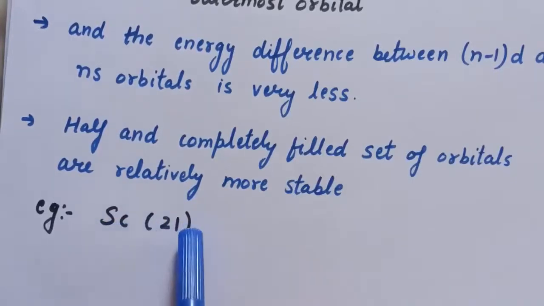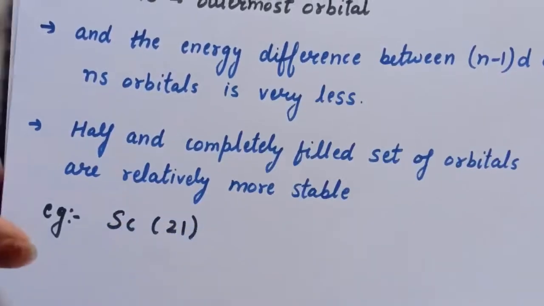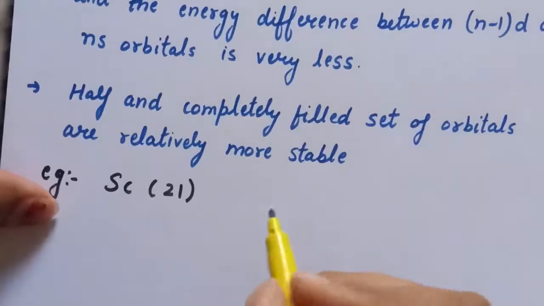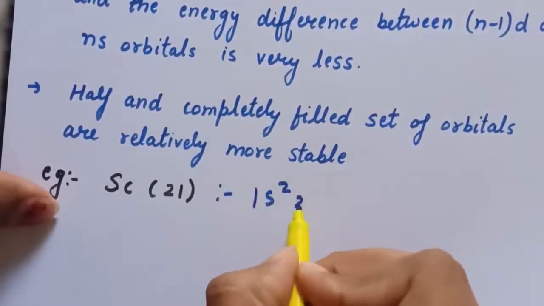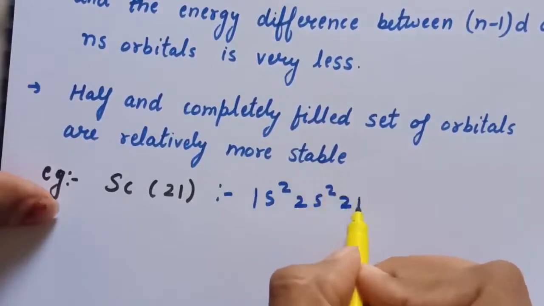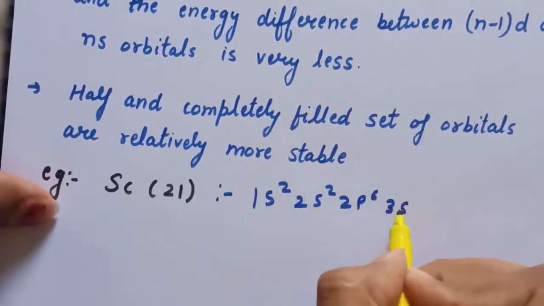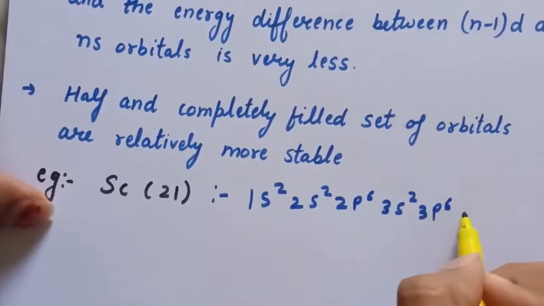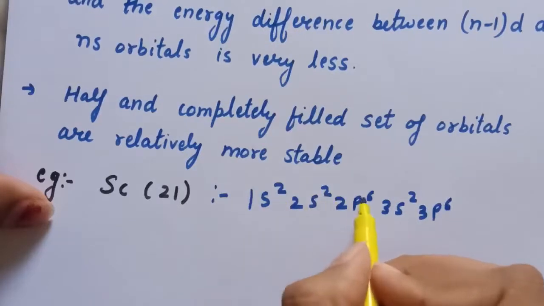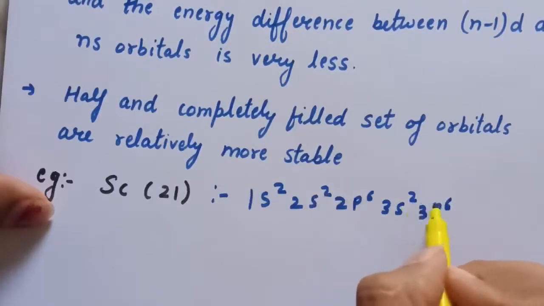Atomic number is 21. So if we want to write down the electronic configuration for scandium, then it will be 1s2, 2s2, 2p6, 3s2, 3p6. Now after 3p6, here 2, 4, 6, 10, 12, 18.